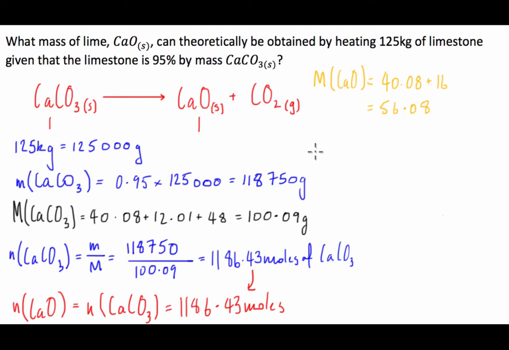So we can work out the mass of CaO by going the number of moles times the molar mass, which is equal to 1186.43 times 56.08.